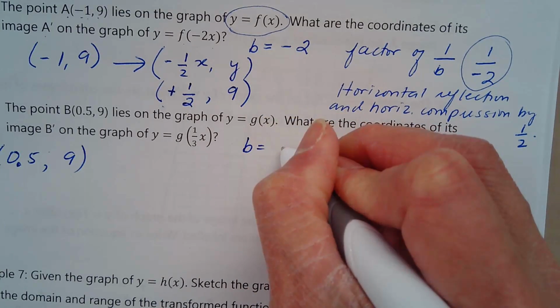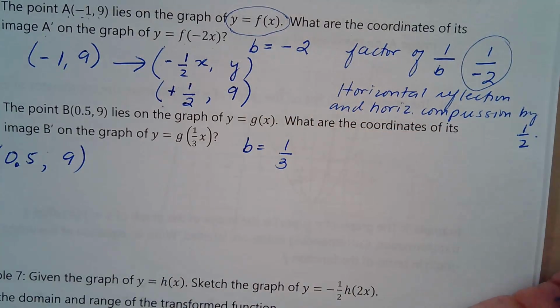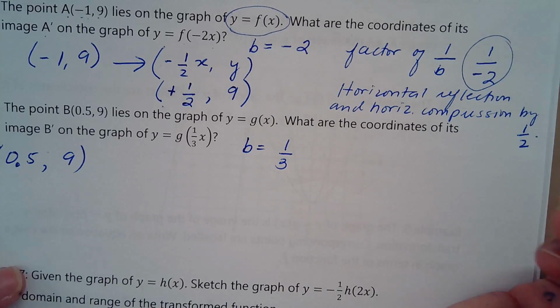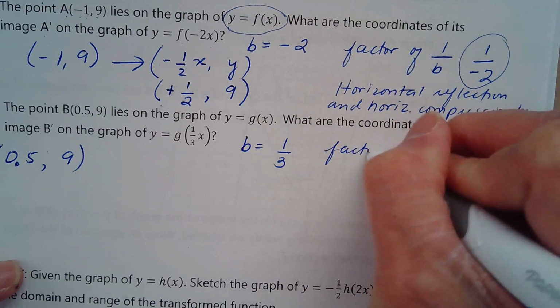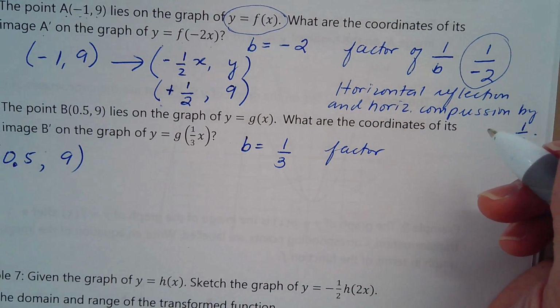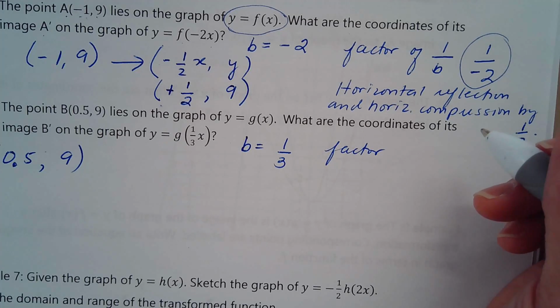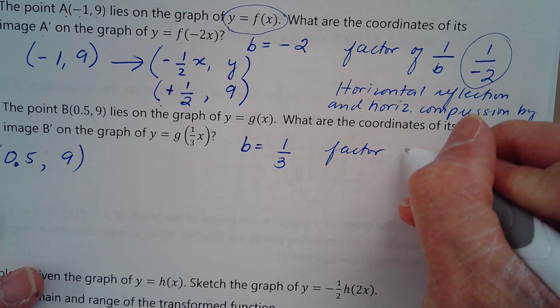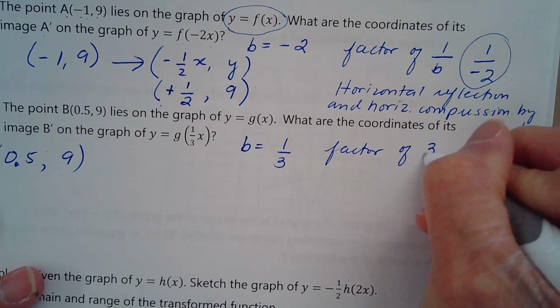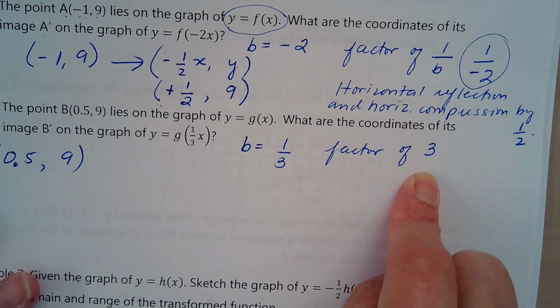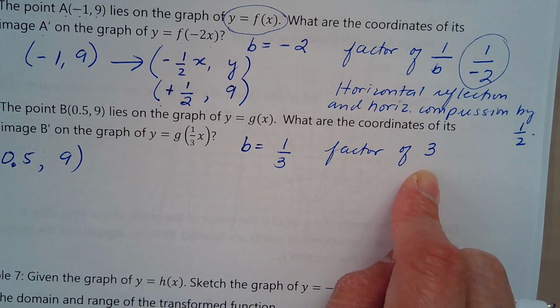So b is equal to 1/3. Now what factor is that? It's going to be 1 over 1/3, which is 3. Factor of 3. Okay. Now, if you multiply something by 3, does it get bigger or smaller?